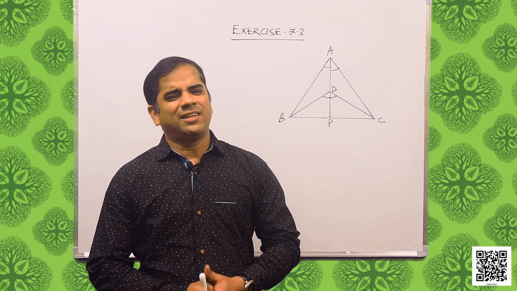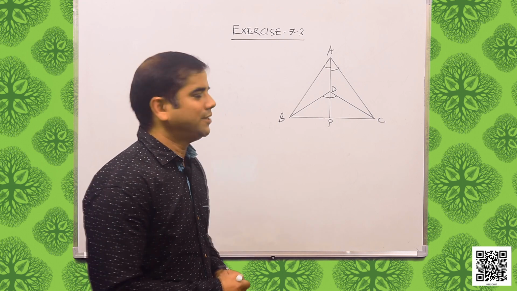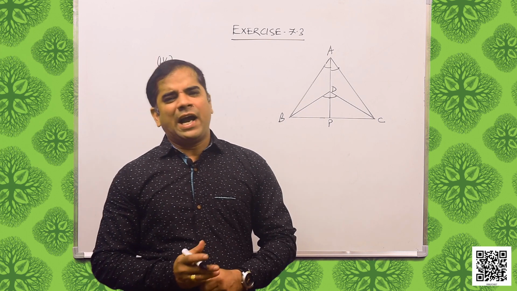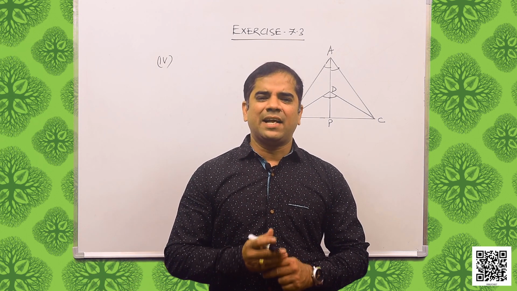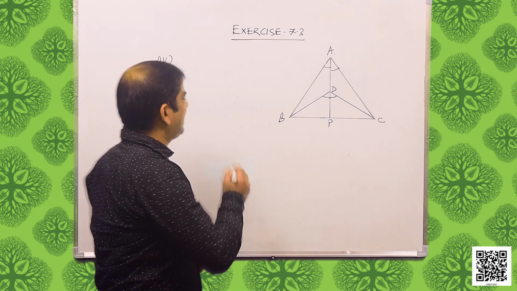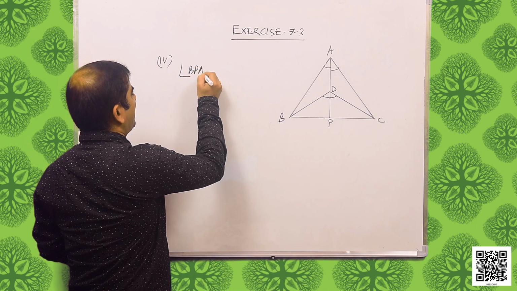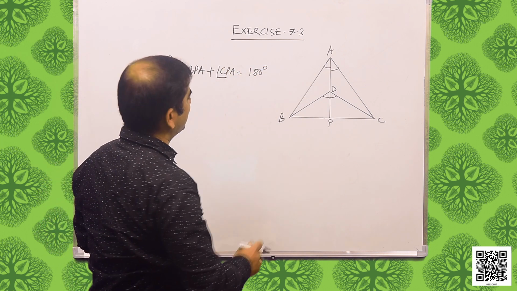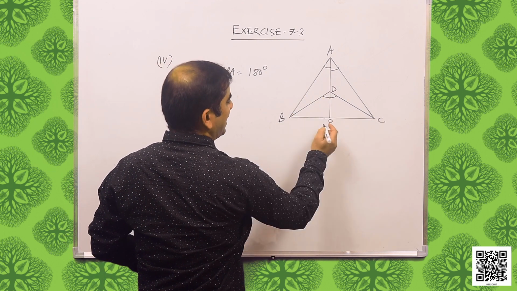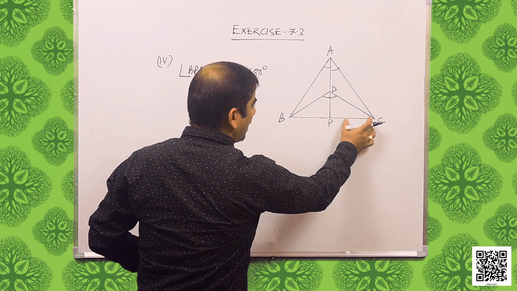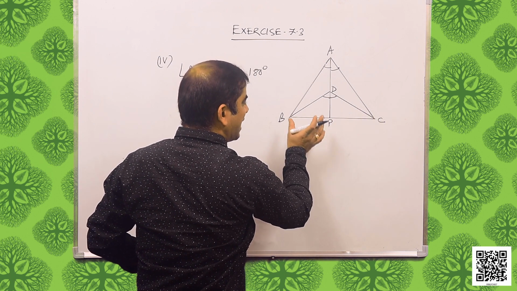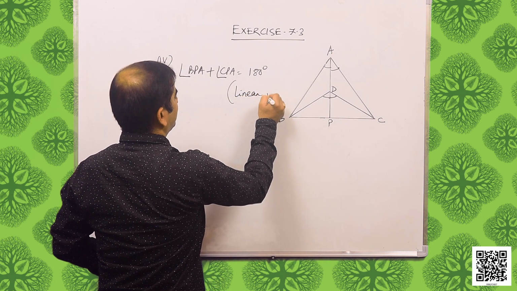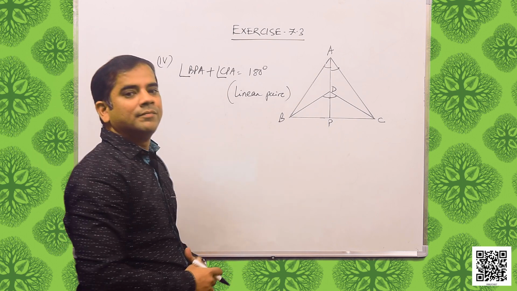Okay. So, students, let us discuss the fourth bit of the question. We have angle BPA plus angle CPA is equal to 180 degrees. Which two angles? BPA and CPA. Why are they 180 degrees? Because they lie on the same straight line segment BC, so they build a linear pair.